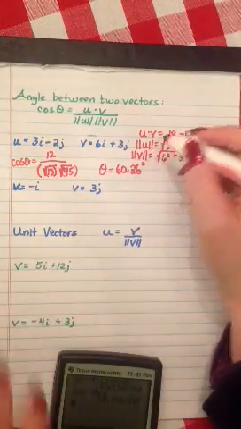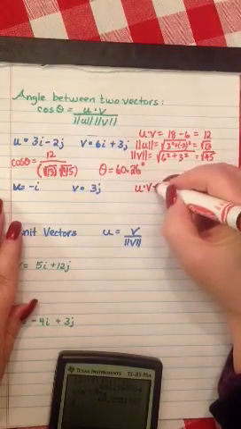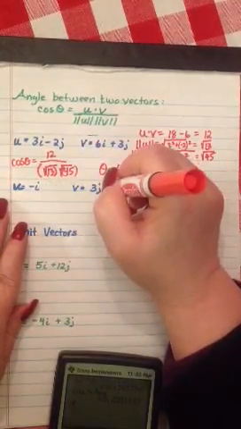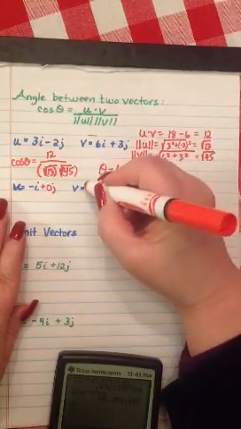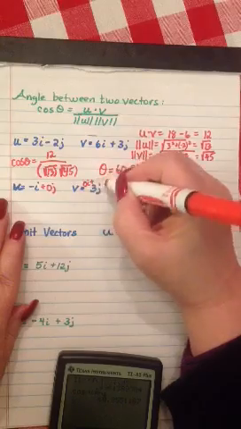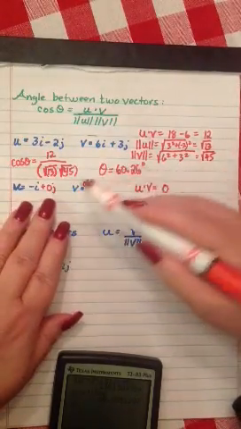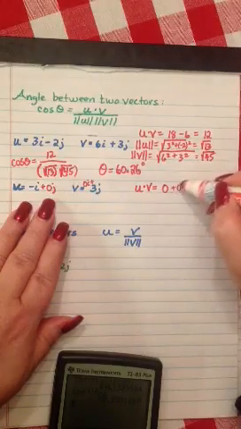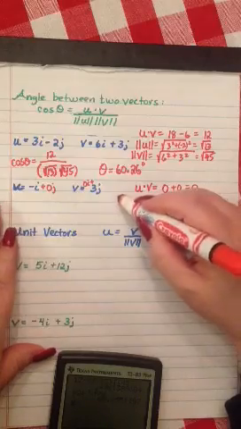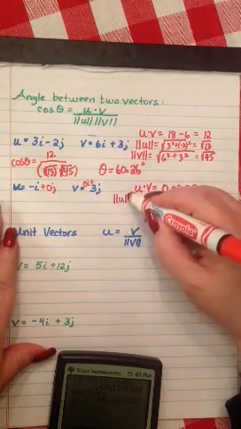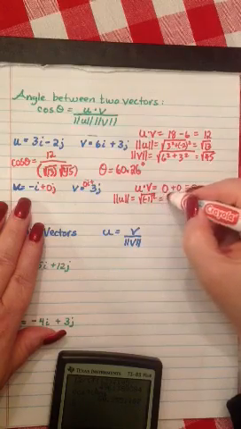Let's look at the case right here. When you do this, you would get u dot v is equal to, and if they're missing a part, that part is 0. So this would be negative i plus 0j, and this would really be 0i plus 3j. So u dot v would be negative 1 times 0, which is 0, and 0 times 3, which is 0. So it's going to come out to be 0 on the top. When you figure out the magnitude of u, you'll just get the square root of negative 1 squared, which is just 1.